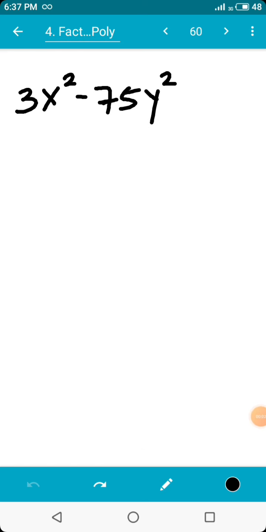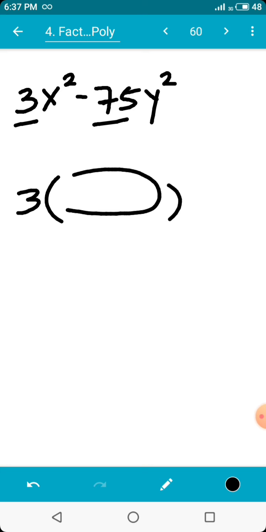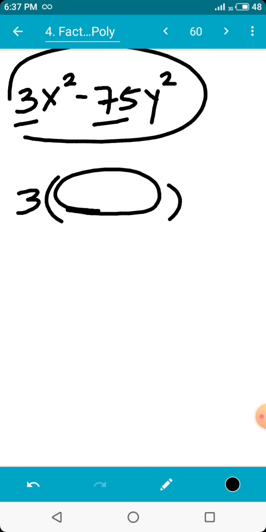Okay, so meron tayo ditong 3x squared minus 75y squared. And kung mapapansin nyo, yung ating coefficient na 3 at saka 75, hindi sila perfect squares. Okay? So, ibig sabihin, kukunin muna natin yung kanilang GCF. So, ang GCF ng 3 at 75 ay 3. Okay? So, ilalabas natin yan. Alright? And then, kunin natin yung anong i-multiply dito sa 3 para ito yung maging sagot. Alright?